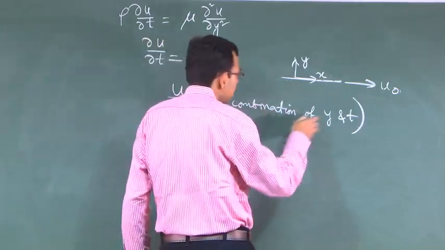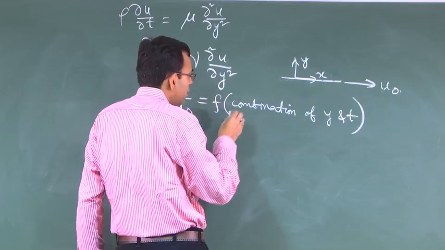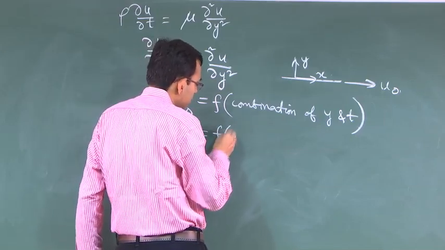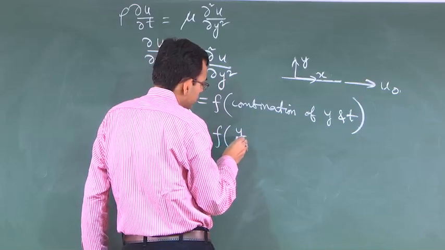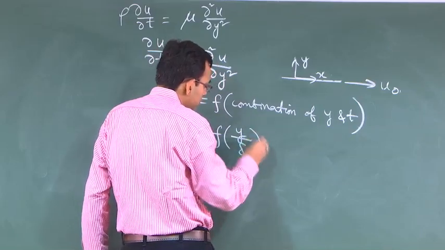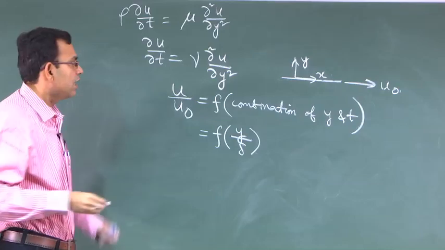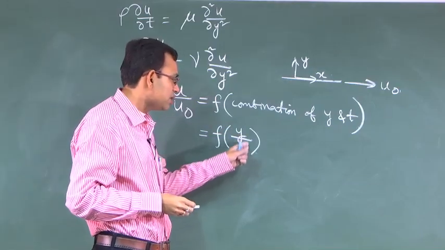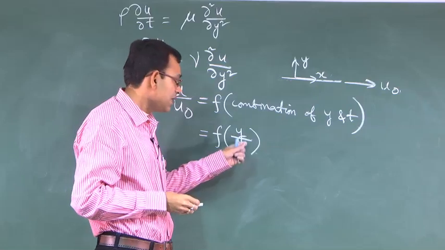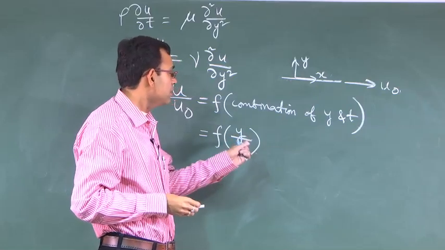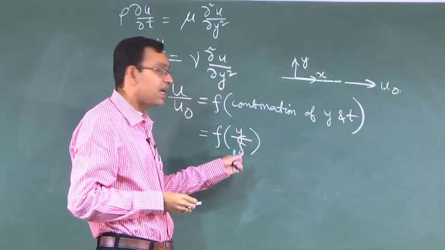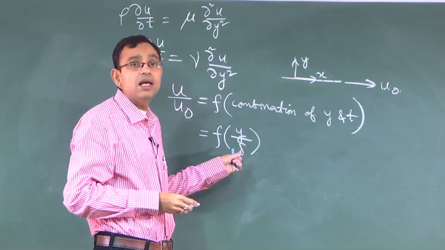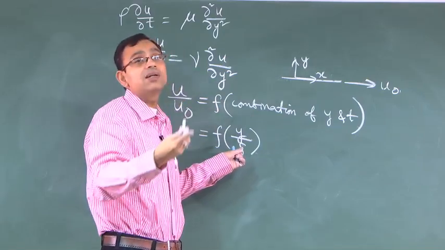So that combination of y and t we can write as a normalized y. This is not an imposed length scale, this is a length scale which physically evolves, and this length scale is a naturally evolving length scale which is itself a function of the time scale.